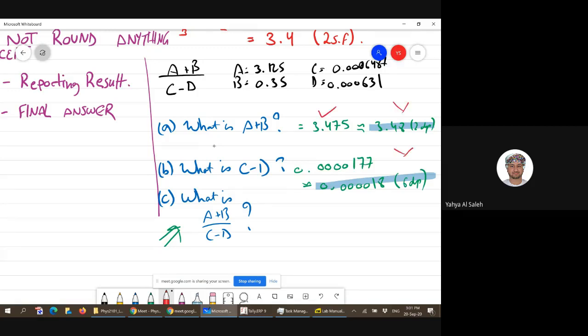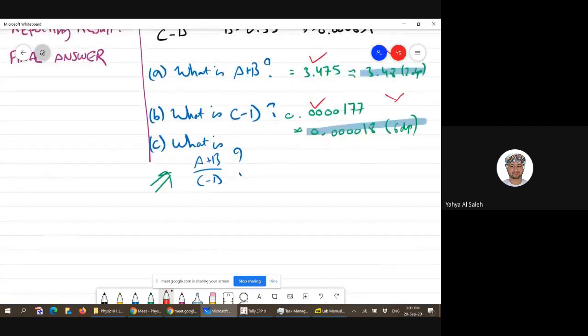I use the full numbers for the calculation. So I do 3.475 divided by 0.00000177, which will give me 196,327.6836. Okay.